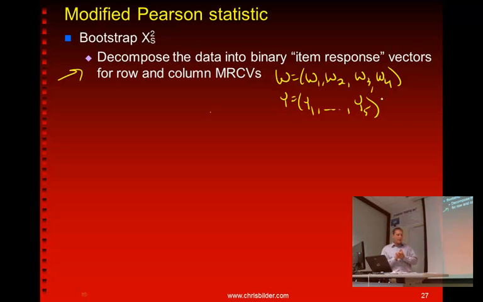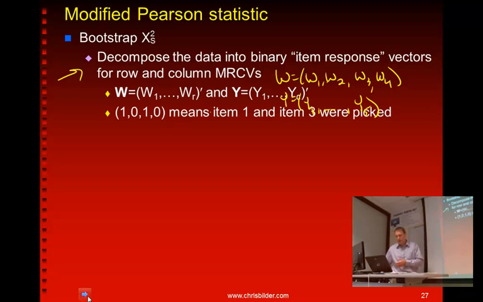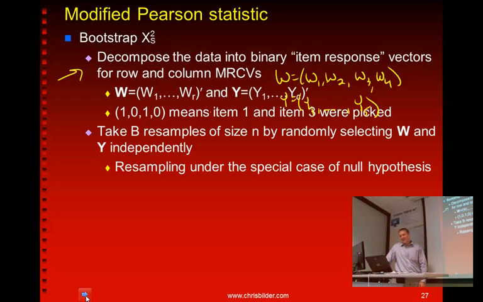And I guess I actually did have that on the slide. Sometimes I need to look at my notes. Once I have that, then I'm going to take B resamples. I didn't use R, I used B. B resamples of size n, by randomly selecting this W and this Y independently.